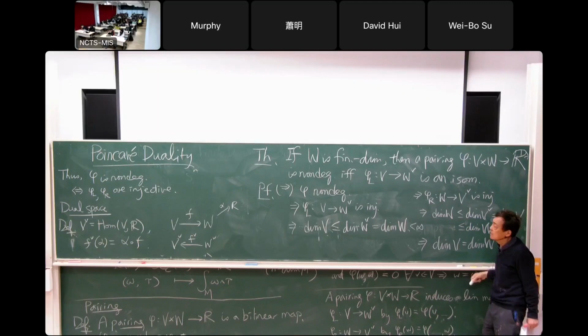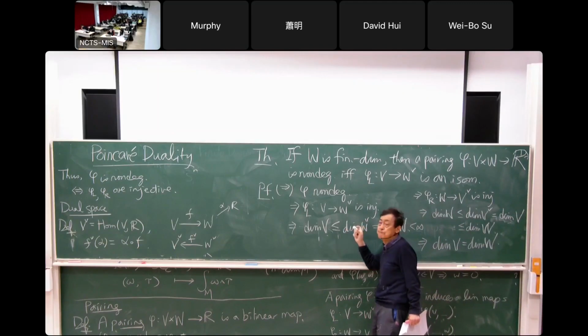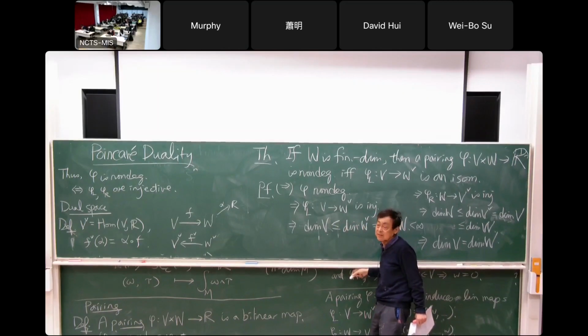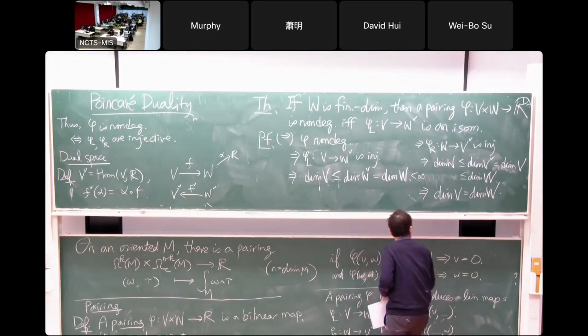And if you have an injective map of vector spaces of the same dimension, then that's an isomorphism.